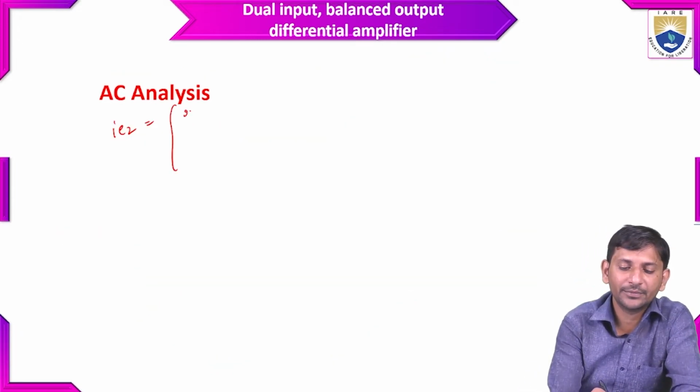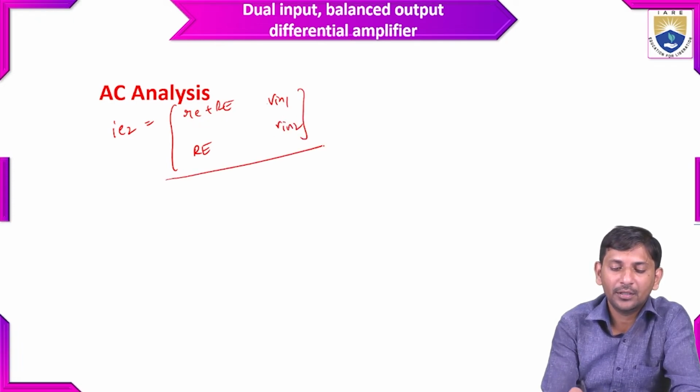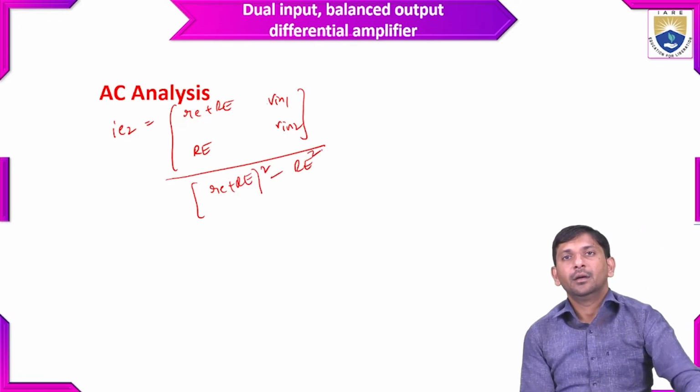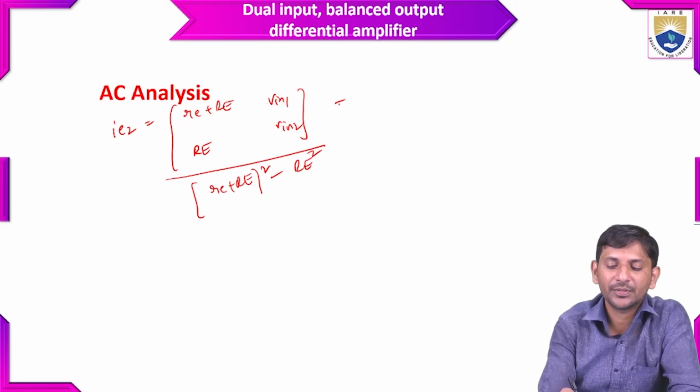So here it becomes RE plus RE, and here it becomes capital RE. Now here Vin1 and Vin2, then the determinant becomes the same as (RE plus RE) whole square minus RE square. The denominator will be the same for both currents, IE1 and IE2. Now you simplify this one.